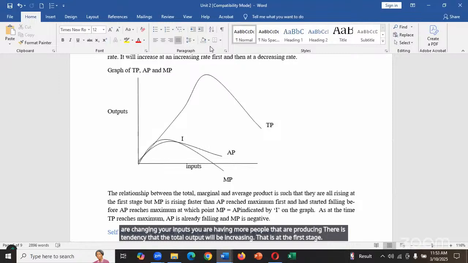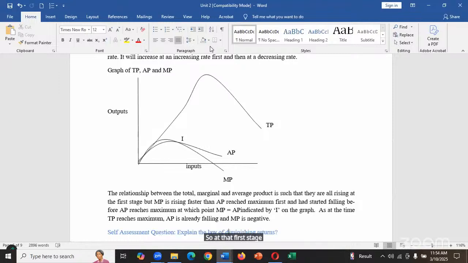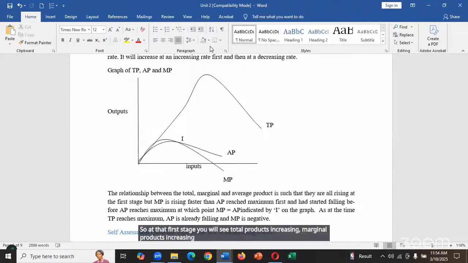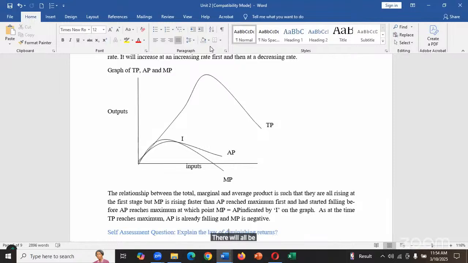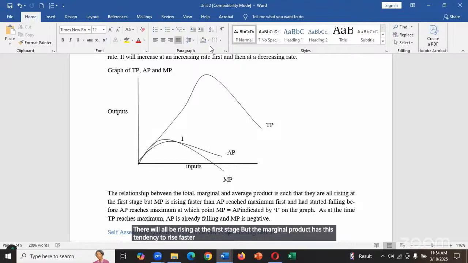So at that first stage, you will see total product increasing, marginal product increasing, average product increasing. They will all be rising at the first stage. But the marginal product has this tendency to rise faster than the average product.